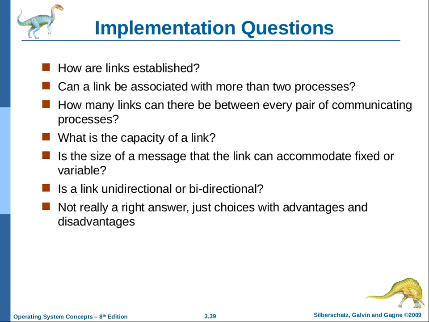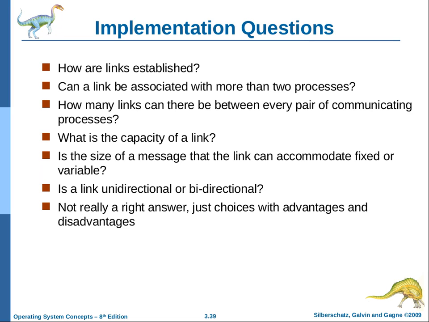It's the size of a message that the link can accommodate, fixed or variable. Oh, you got it. Depends. Is the link unidirectional or bidirectional? Well, depends. All right, you are catching on. That last one's not a no question, because you did say that you have to have send and receive, so it has to be bidirectional.